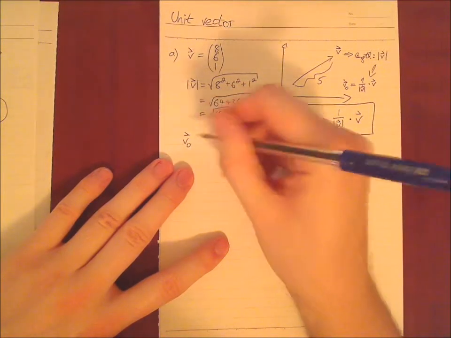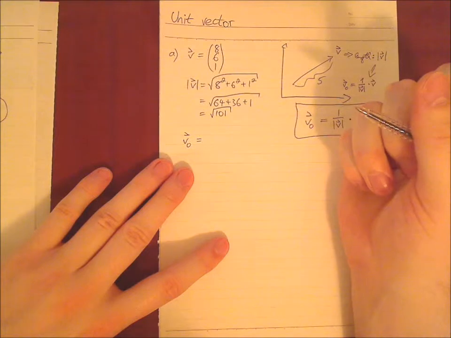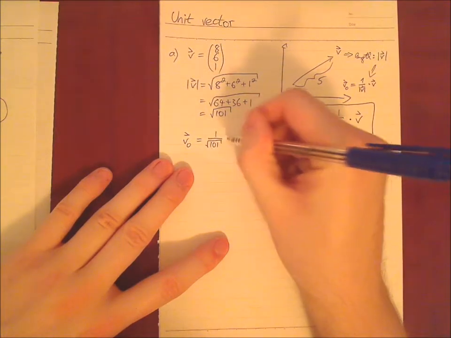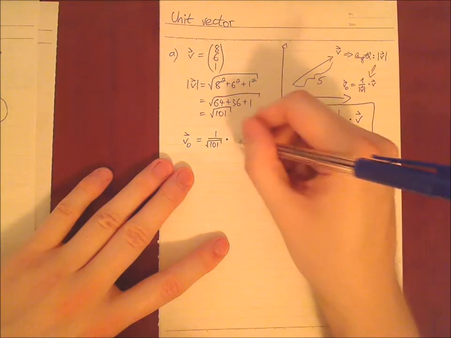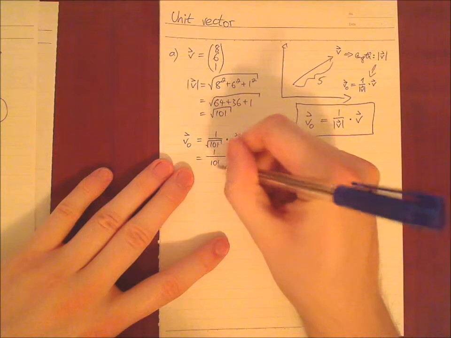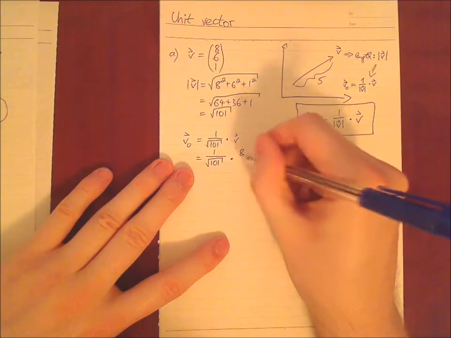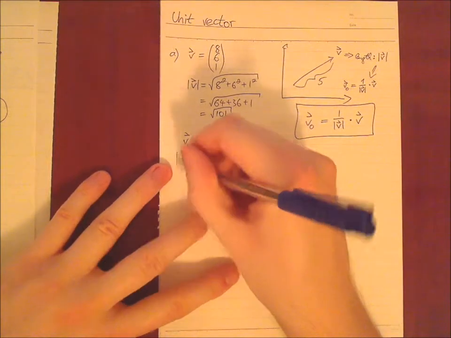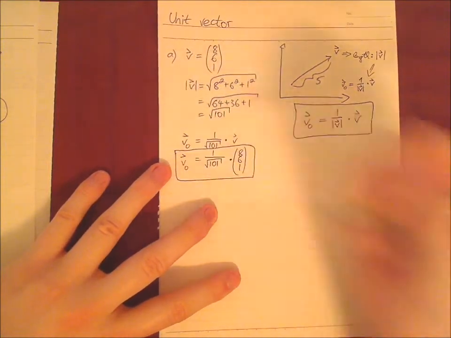So if v0 is 1 divided by the square root of 101 times the vector v, or we can also write like 1 divided by the square root of 101 times (8, 6, 1). And this vector is called the unit vector.